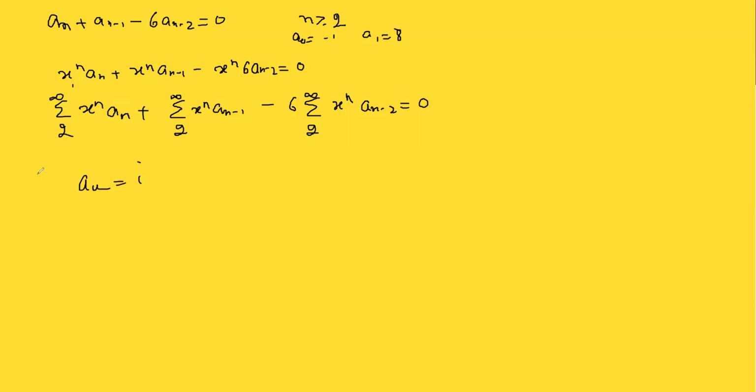An is equal to 1. Yes, you can put directly. But here, only x raised to n is not given. Right?